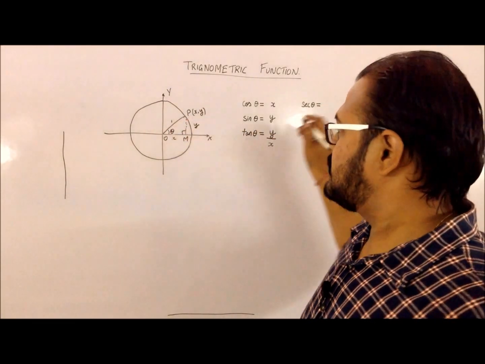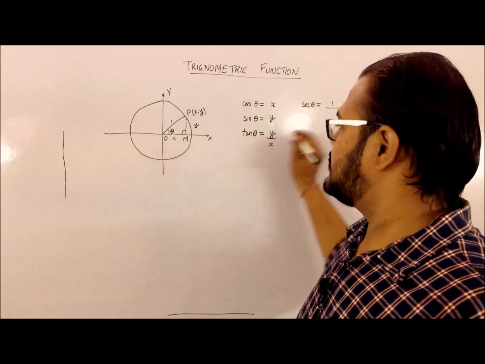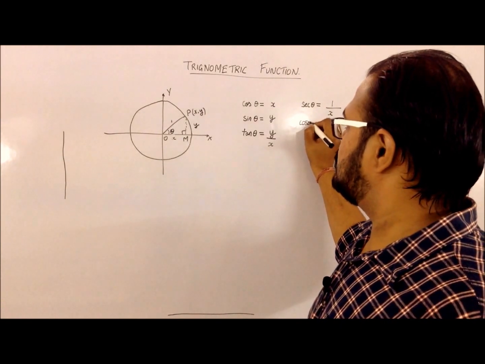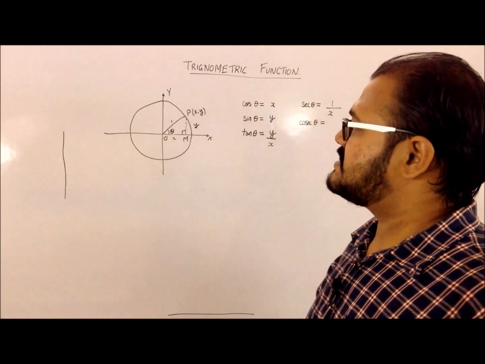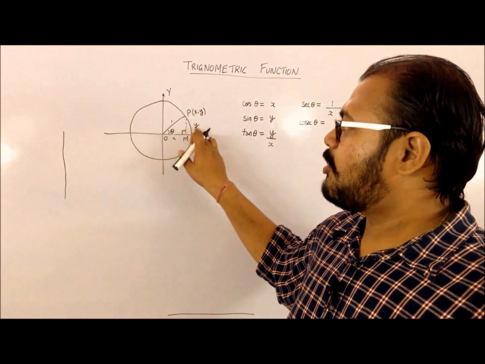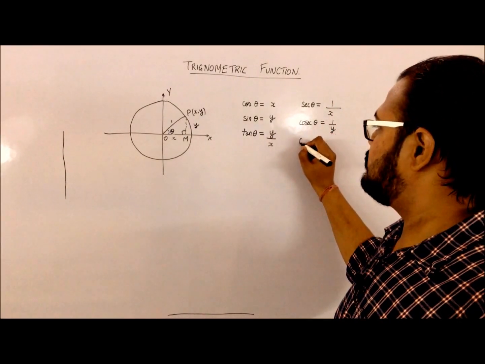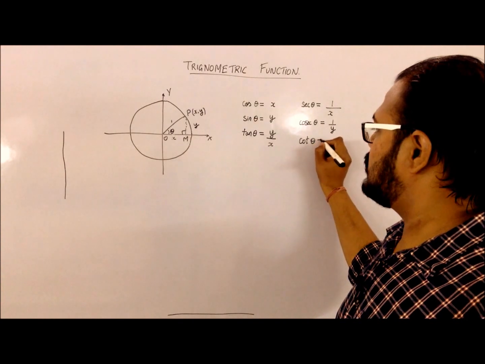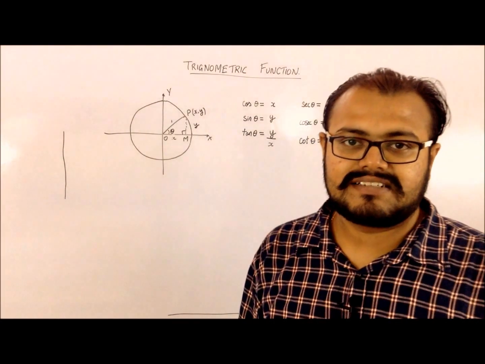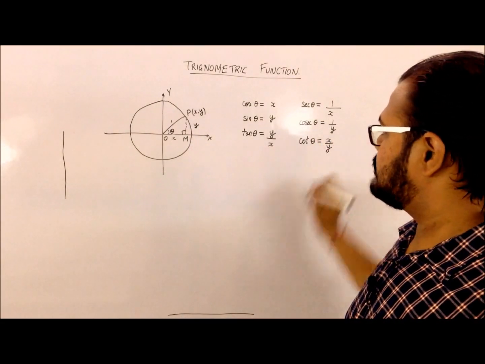So it is hypotenuse side which is 1 divided by the adjacent side which is x. Next ratio is cosec theta, which is the hypotenuse side divided by the opposite side. So it is 1 by y. And the final ratio is cot theta, which is defined by the adjacent side divided by the opposite side, which is x by y.